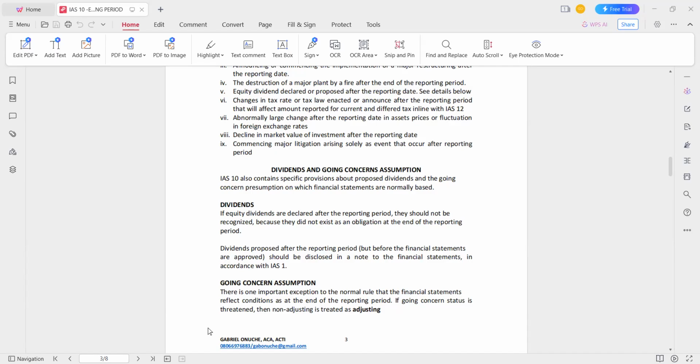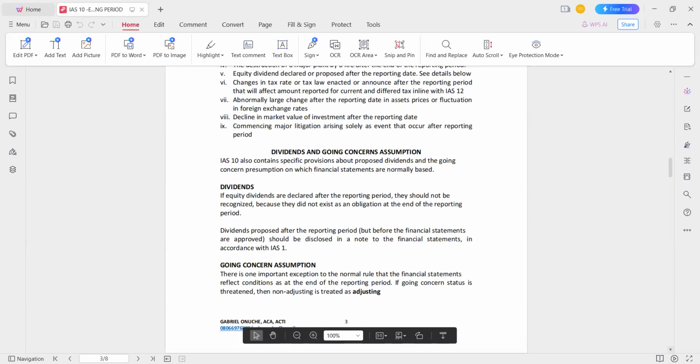Okay, let's quickly look at dividends and going concern issues as covered by IAS 10. As I said, if equity dividends are declared after the reporting period, they should not be recognized or reported. There is no need for adjustment for that amount declared after the reporting period.